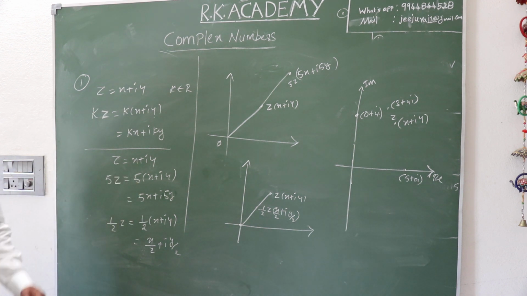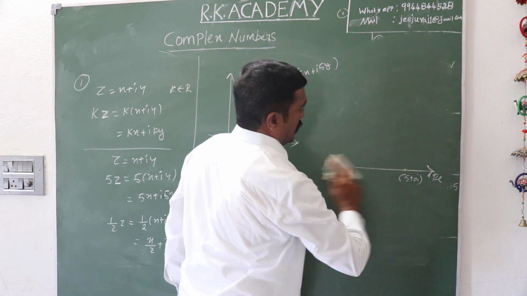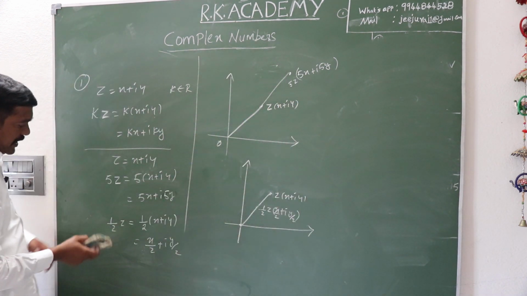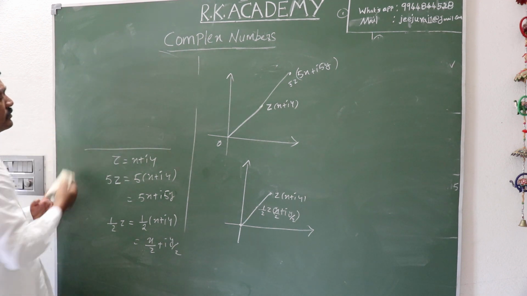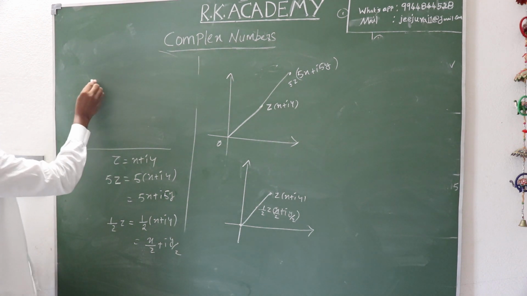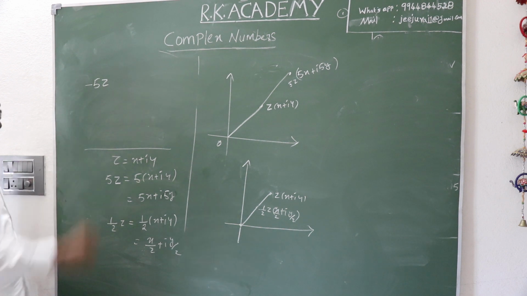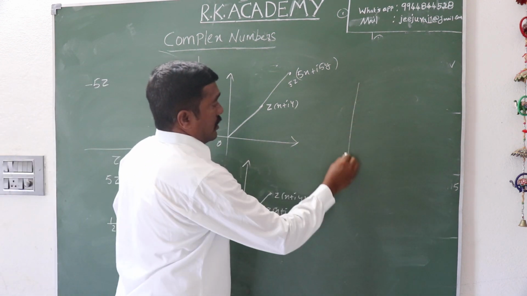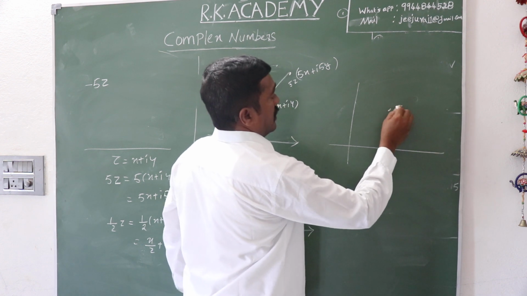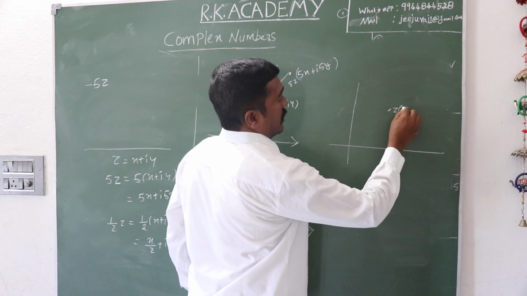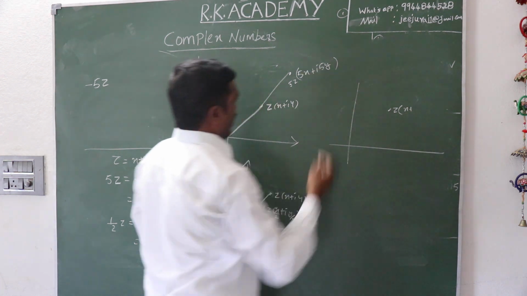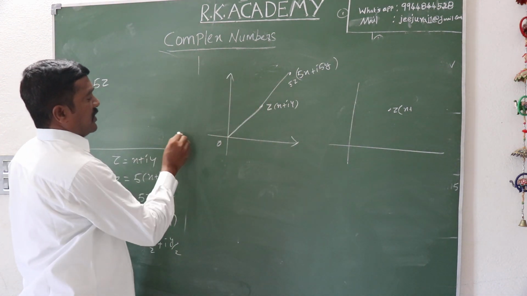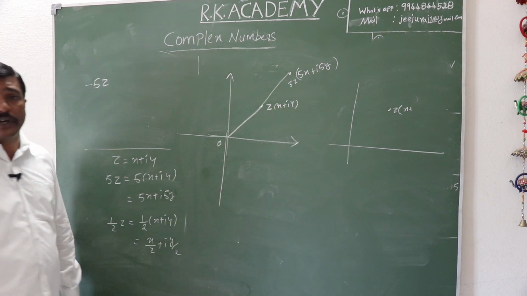Now what about the negative value? Now we are going to take a negative value. Suppose minus 5z. Now we know z is x plus iy. How to write minus 5z?